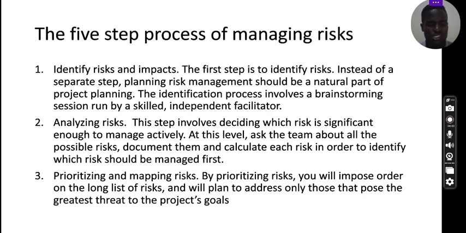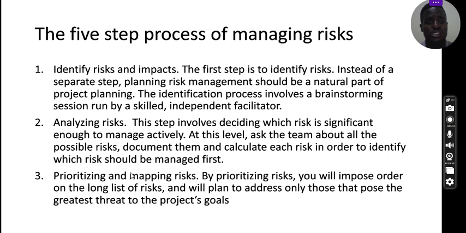Then after identifying a risk, you go ahead and analyze the risk. This involves deciding which risk is significant enough to manage actively. At this level, you shall document, you shall calculate, you shall look at the possible impacts of the risk, and we shall come up with which one we should go about first and which one after which one.